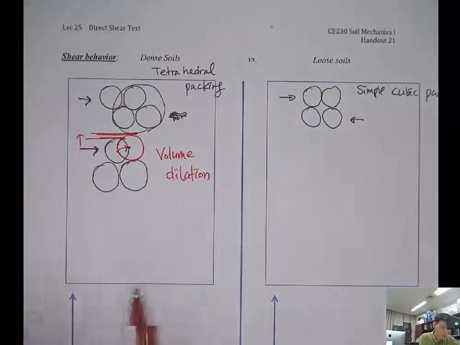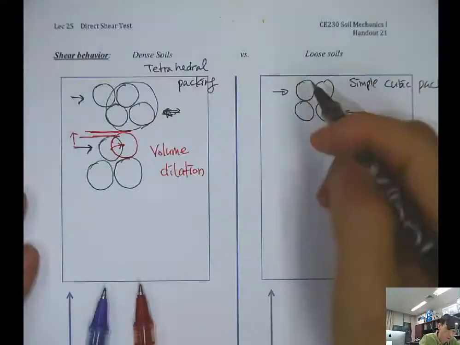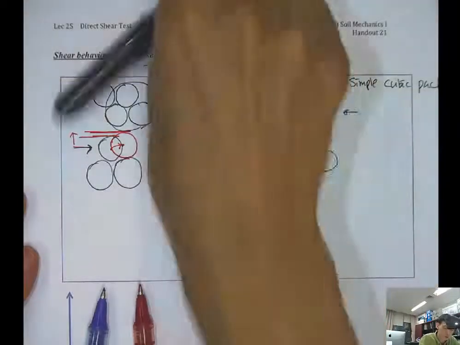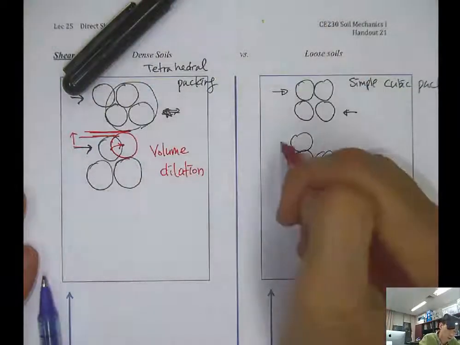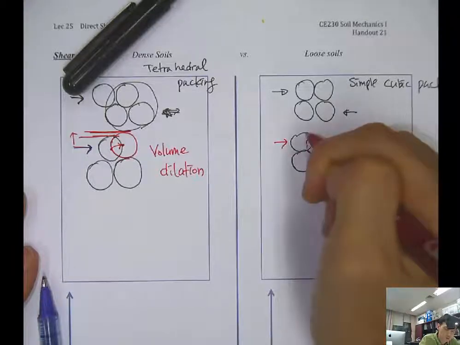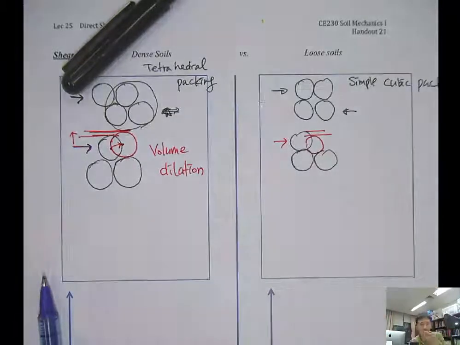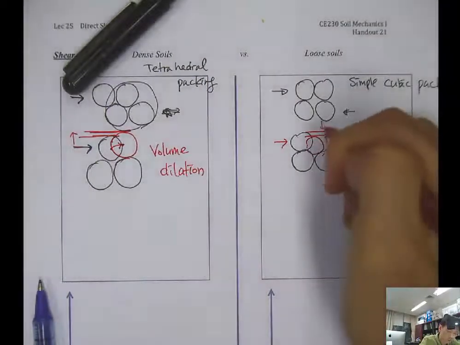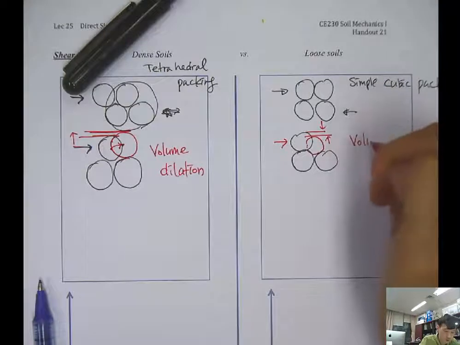But in the case where we have a loose soil like this, when we shear it, the particles will go down to find better space. So the volume will contract.